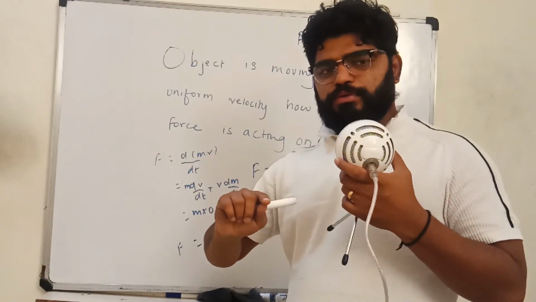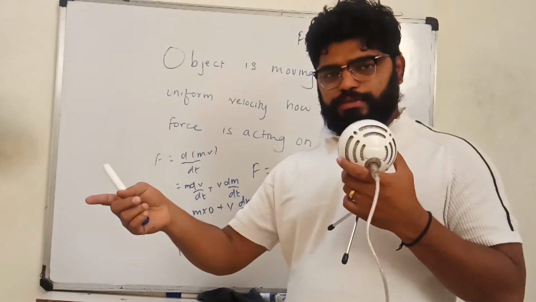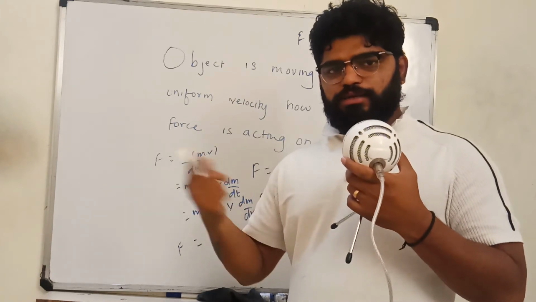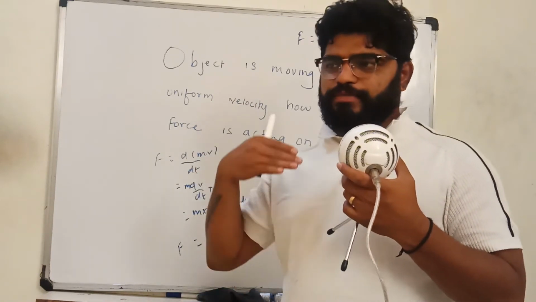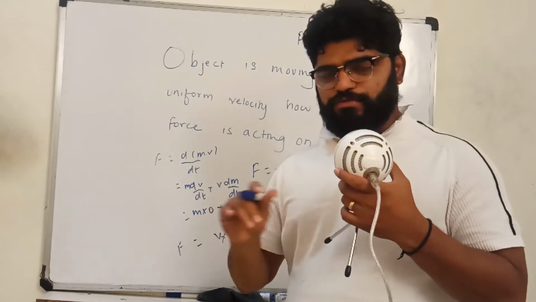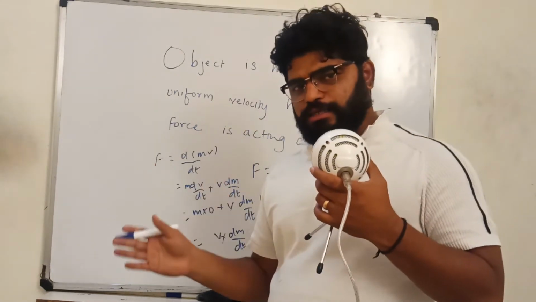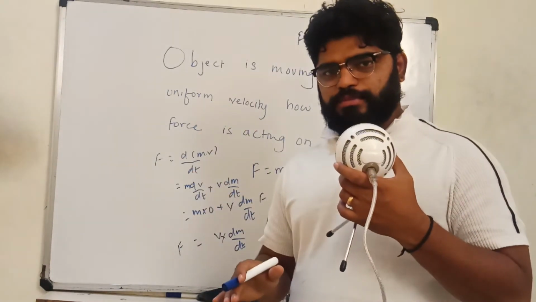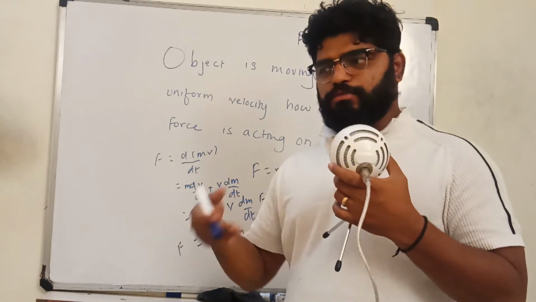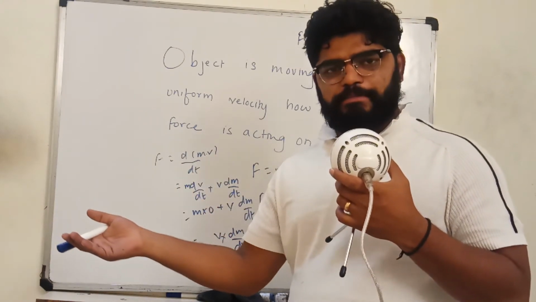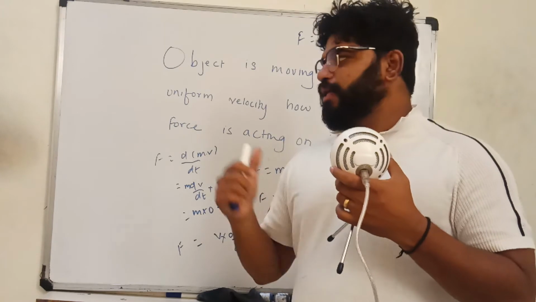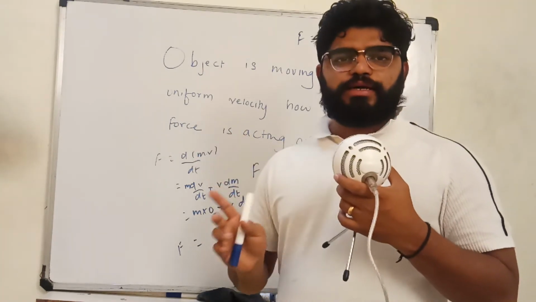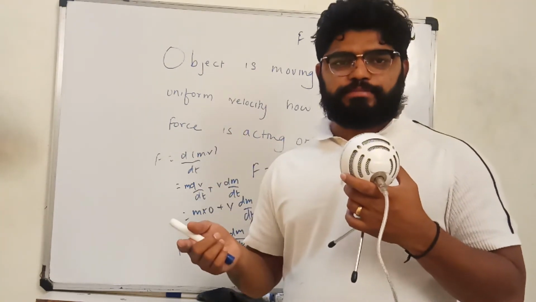You are just producing an equal and opposite force. So the net force acting on you is actually zero, and you are moving with the same velocity. You are just overcoming the friction, and you are moving with 100 kilometers per hour. So that means force is not required to maintain any kind of motion.